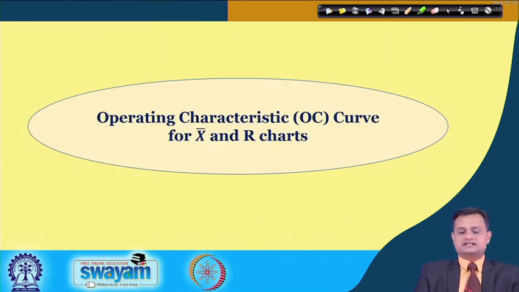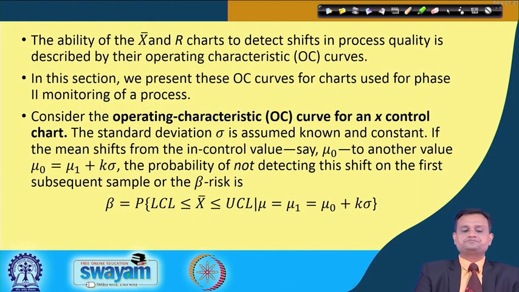So operating characteristic curve for X bar and R chart, we will see. We are talking about the operating characteristic curve for variables. Now just see that there is a type 2 error, and typically we call it as a beta. So the ability of the X bar and R chart to detect shifts in the process quality is described by their OC curve, and we will discuss on this part.